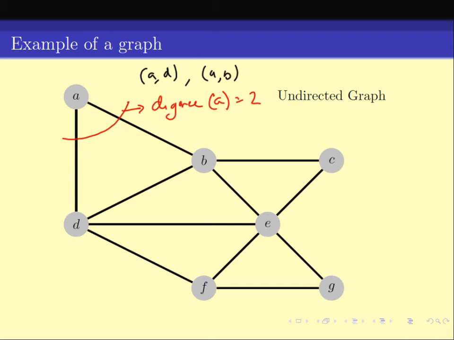Right? So this is what we call an undirected graph. When we have an undirected graph, that means I don't care whether A comma B or B comma A is in the edge set. In that case, there is no ordering between A and B. So we usually draw just a straight line between the two vertices that are related.